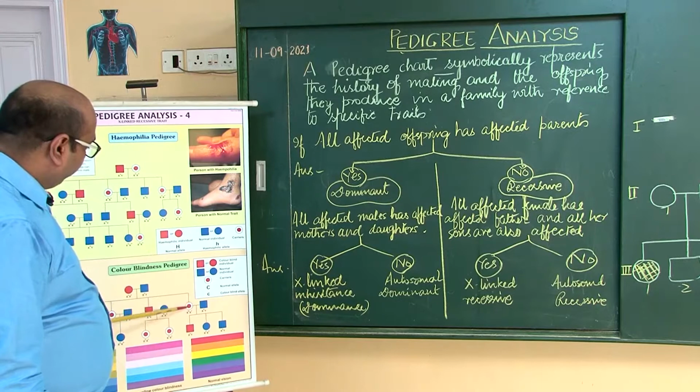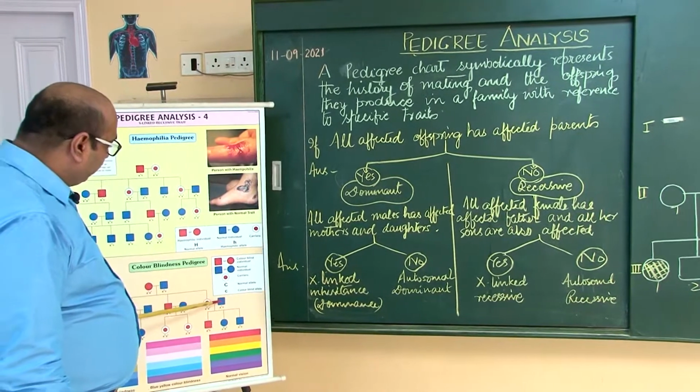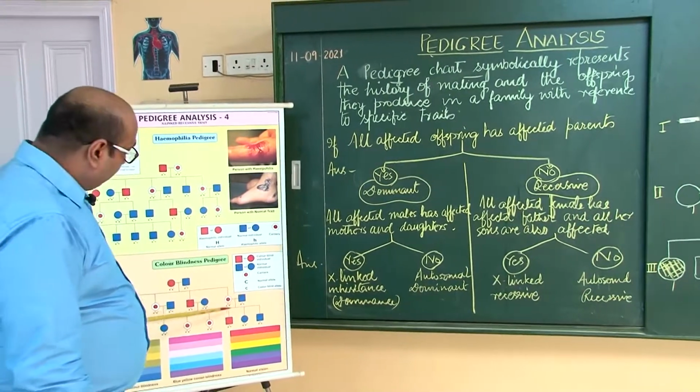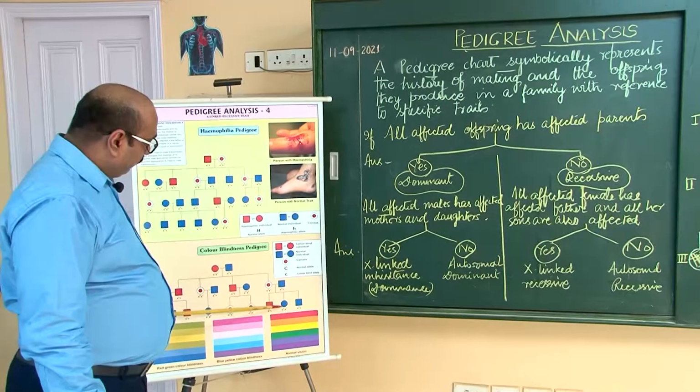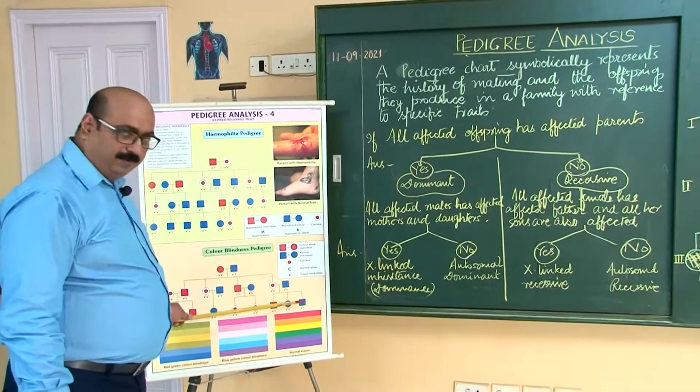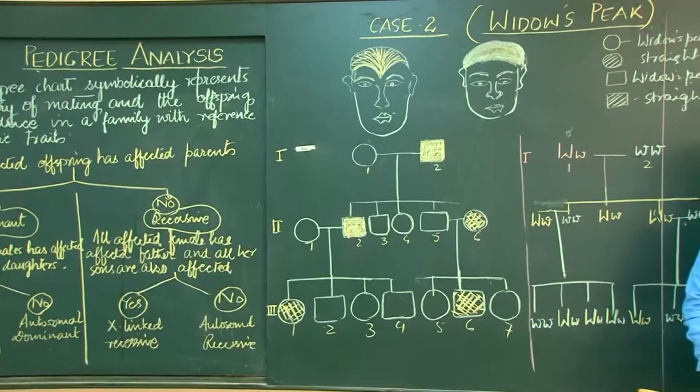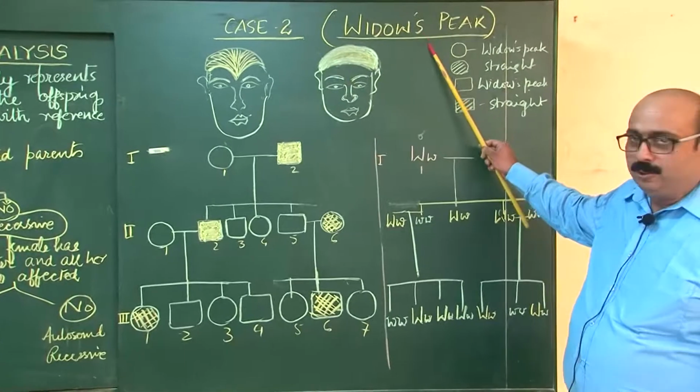In the second generation, a carrier female marries a normal individual and the progenies are an affected male, a normal female and normal males.